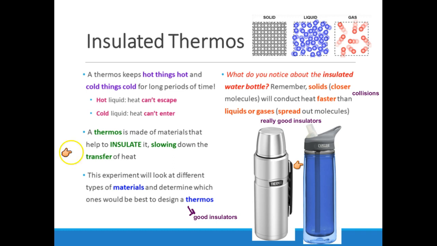We add this little gap of air, or this little gap where there's no air. It could be either, all right? It could be a vacuum, where it kind of helps to insulate even more. Yes, exactly, Mike. That's why regular plastic bottles are going to get warmer much quicker, because they only have the solid wall. They don't have a solid and a gas, or a solid and a vacuum insulating them.